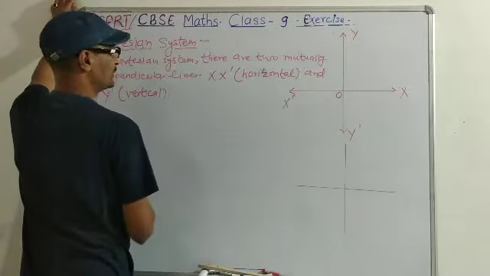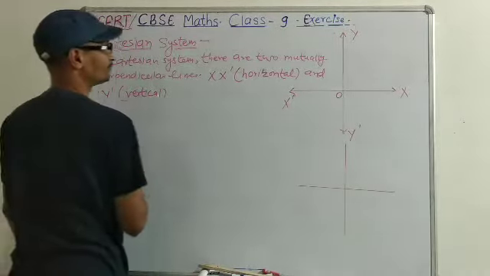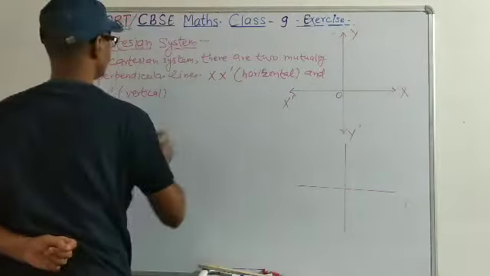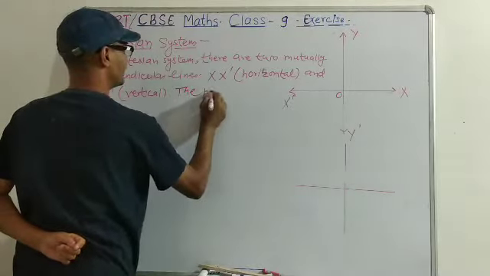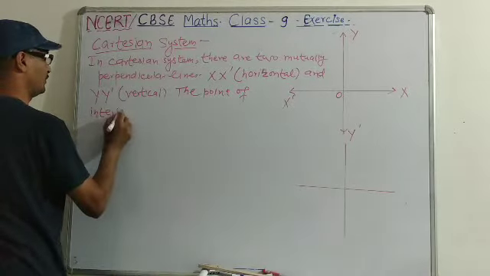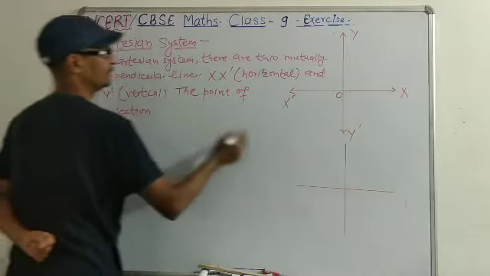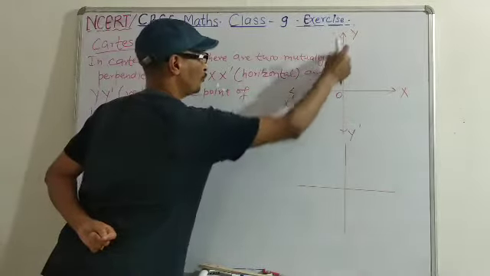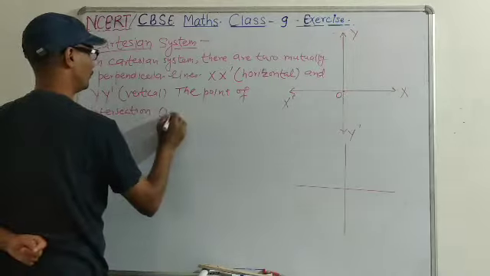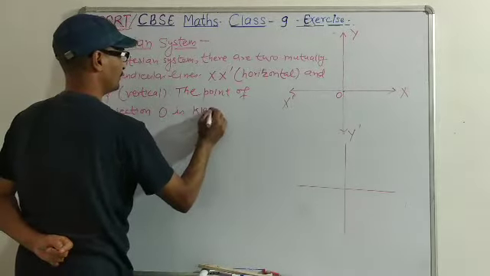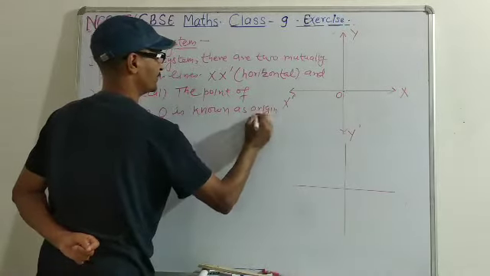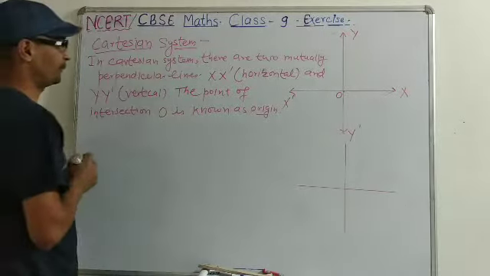So they are two mutually perpendicular lines. Next, the point of intersection, where x dash O and y dash cut, this point O. So the point of intersection O is known as the origin.